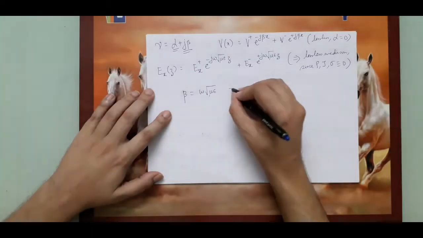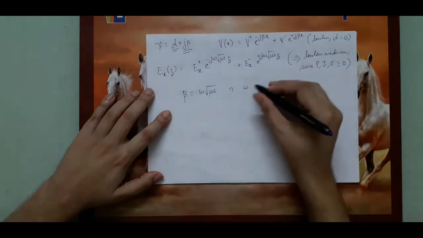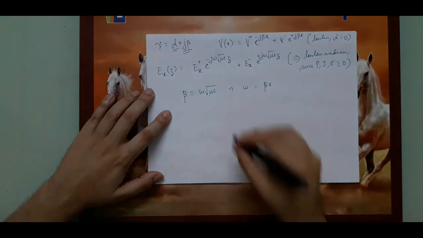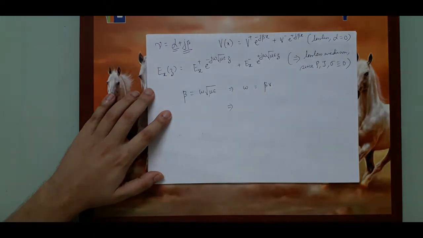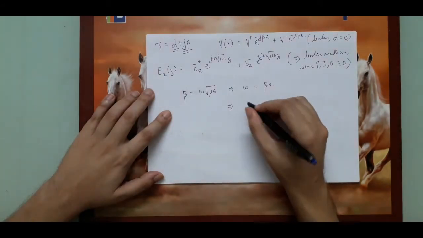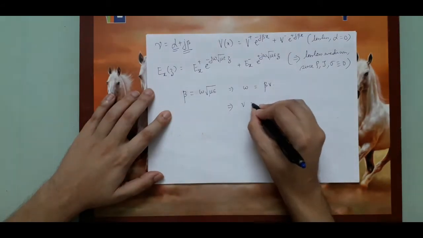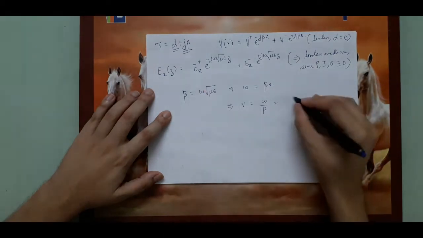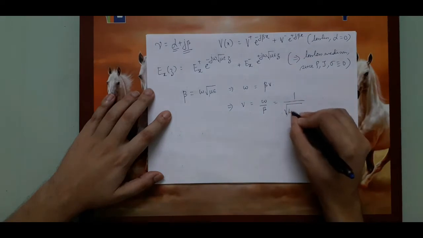So as we know that the angular frequency omega is nothing but beta times the velocity, that means the velocity of the wave is nothing but omega by beta, which is nothing but 1 by under root mu epsilon.